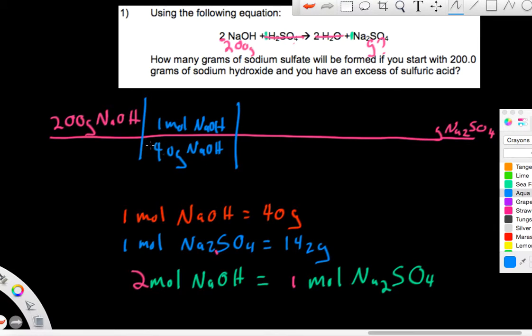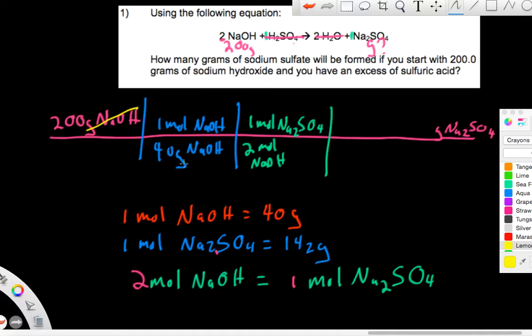That's nice. That's going to cancel later. All right, and then let's keep going. I'm in moles of NaOH. Nice. I can use my bottom one. So 2 moles NaOH are needed to produce 1 mole of Na2SO4.